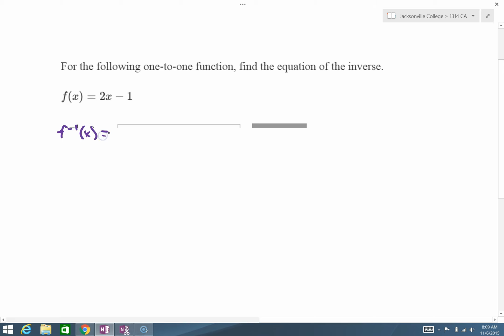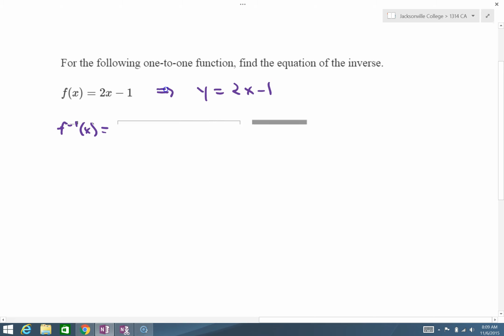The first thing we will do is change this from function notation to equation notation. So instead of saying f of x is 2x minus 1, I'll say y is equal to 2x minus 1. These two statements are analogous.